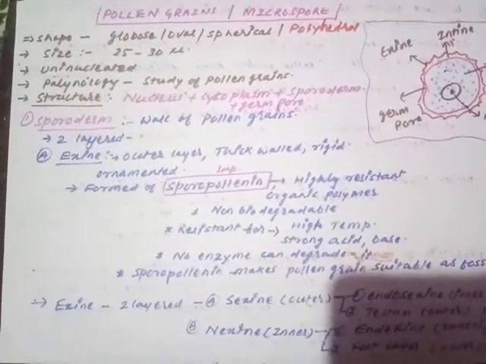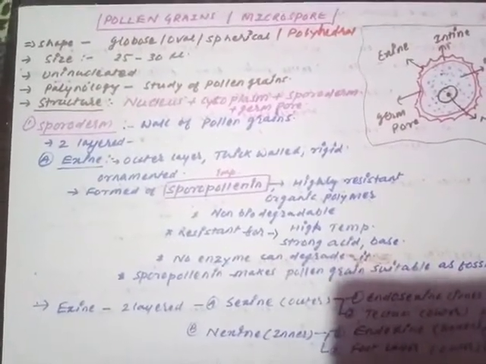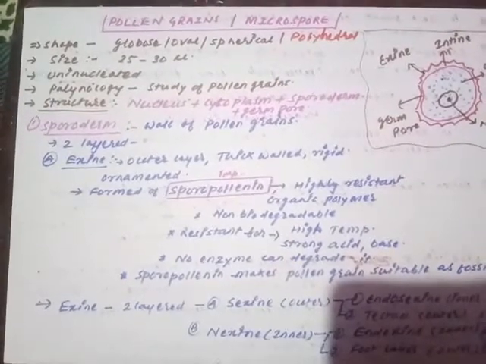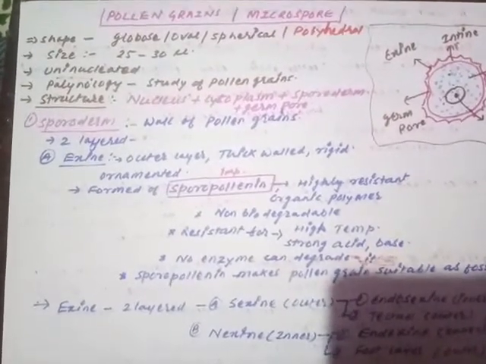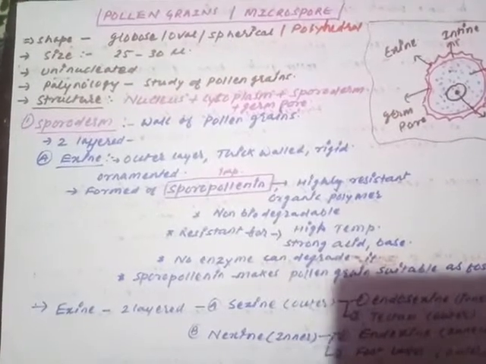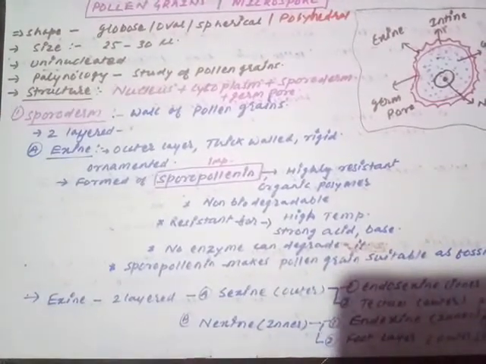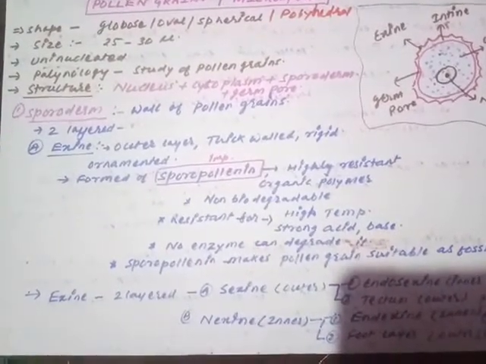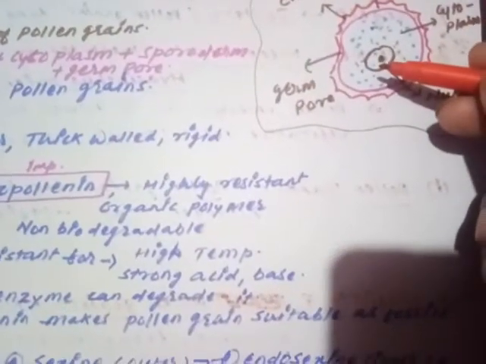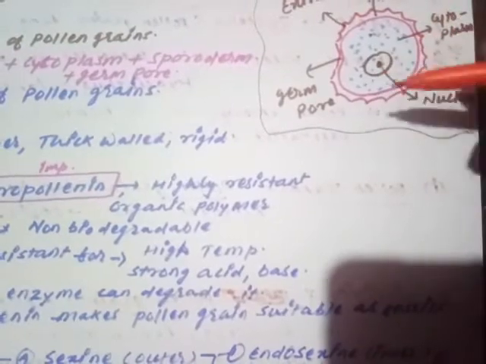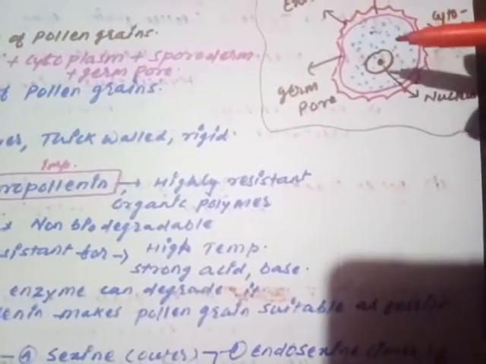The envelope of the microspore is a very crucial structure, that is the sporoderm, and the germ pore. So we'll see one by one. Nucleus, I have already discussed, it is a single nucleated structure, only one nucleus is present. You can see in the diagram also, one nucleus is there. Along with that, a dense cytoplasm is present in the pollen grains.